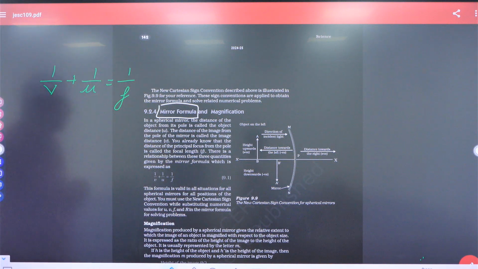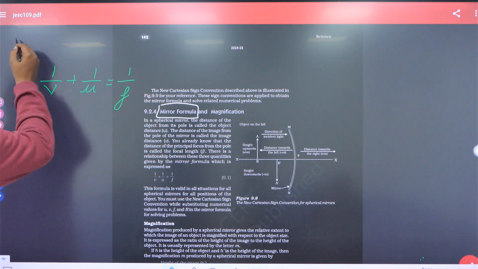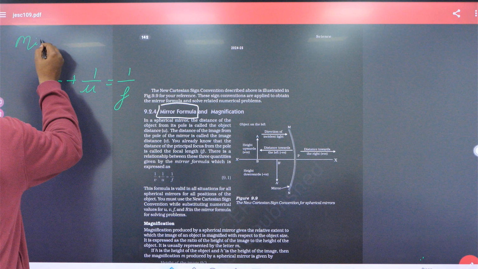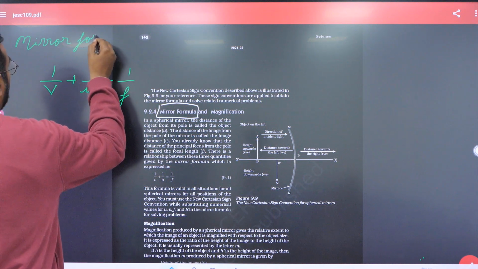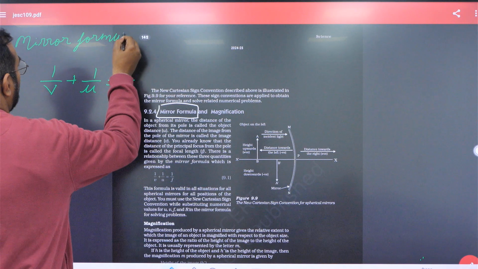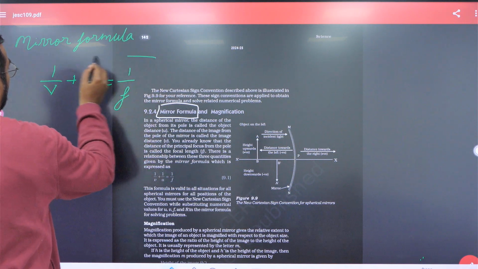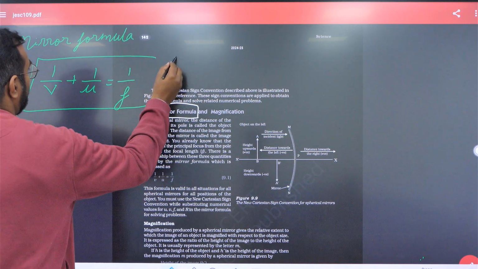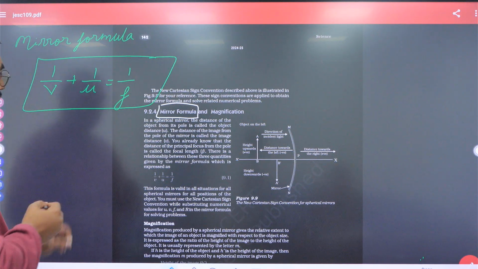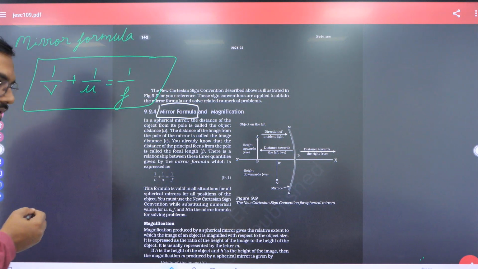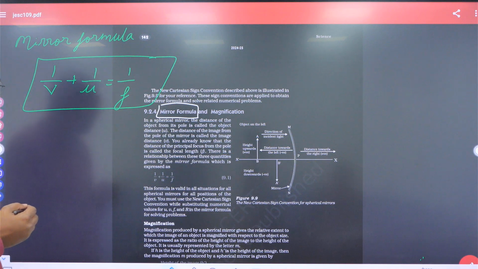This is the mirror formula. Do you know what is v, u and f here? What is v? v is equal to distance of object. Sorry, distance of image.